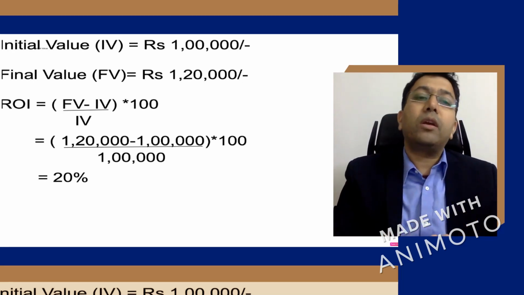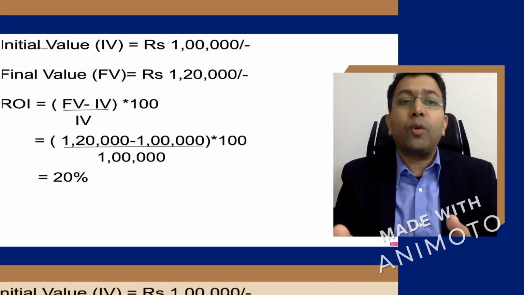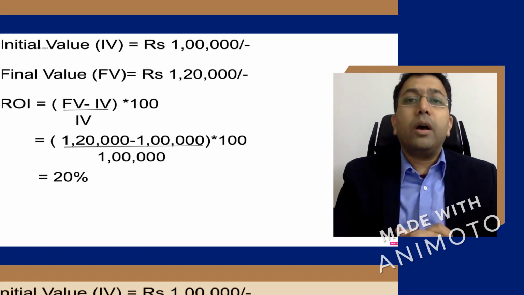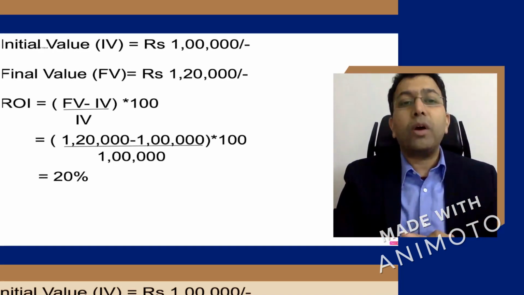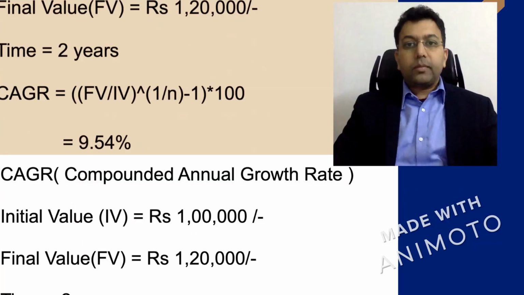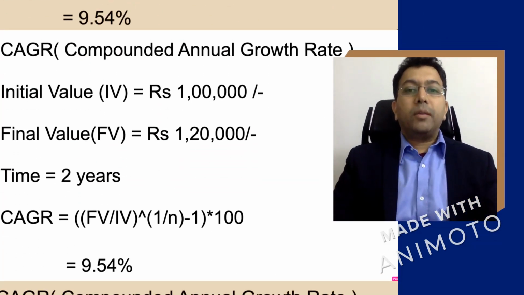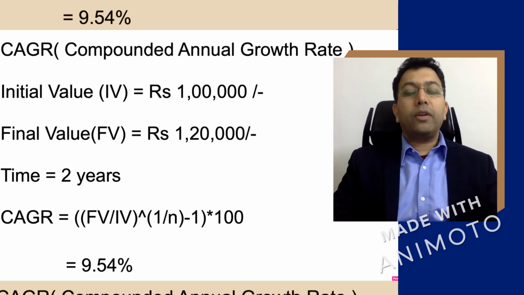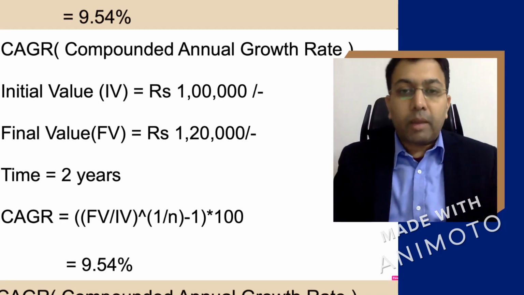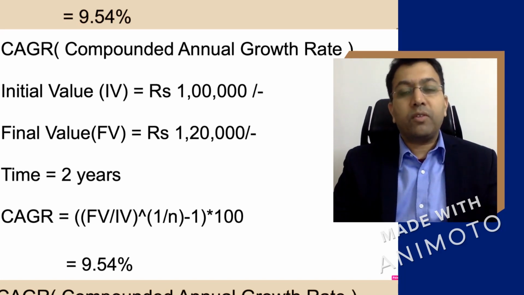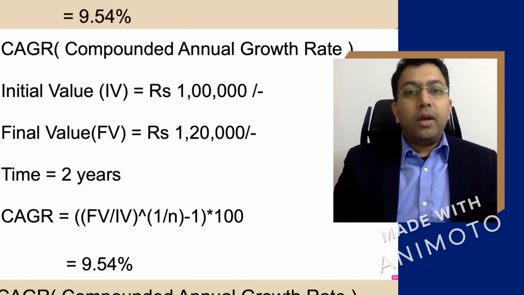So they have to consider another parameter, which is time, and so we use another formula, which is CAGR. The basic method of calculating returns did not take into account the time horizon or the time period of your investment if it goes beyond 1 year.